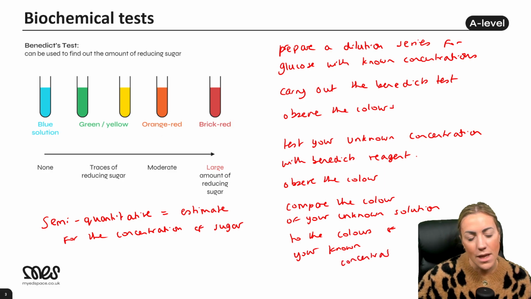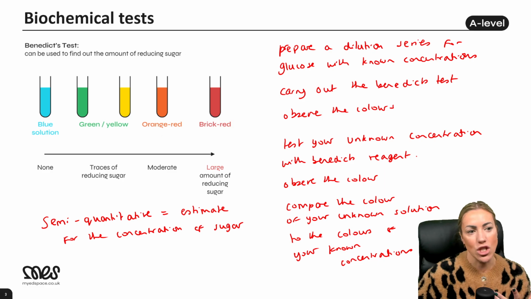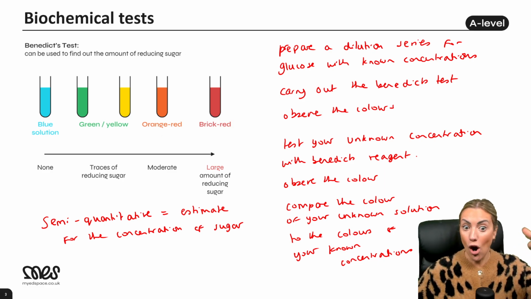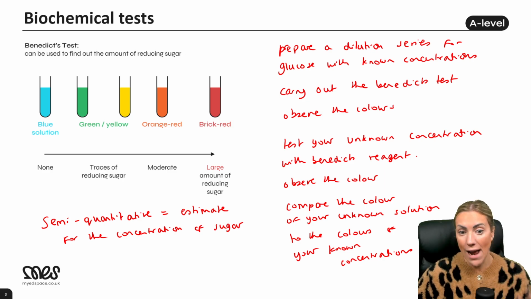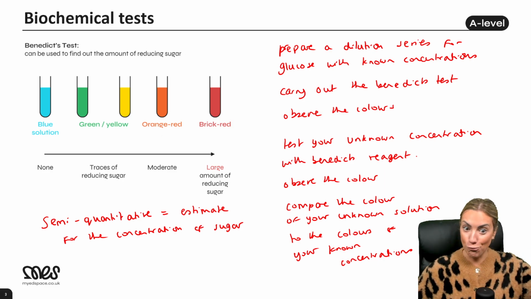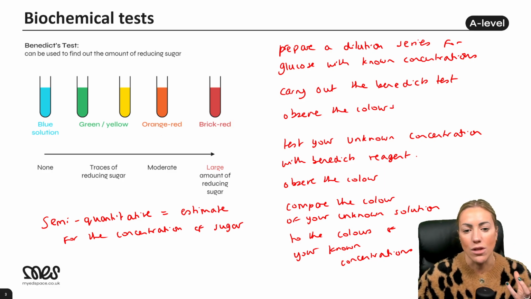So if your unknown solution went orange, then you can compare that to the orange tube from your known concentrations, and it's the same or roughly the same concentration. If it's gone red, then you can compare that to your red tube from your known concentrations, and then it's roughly the same concentration.